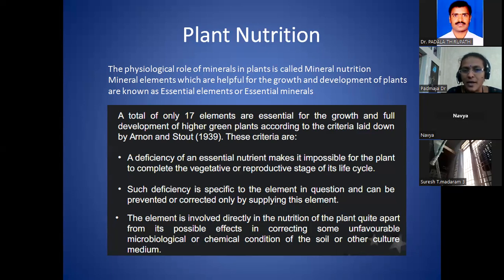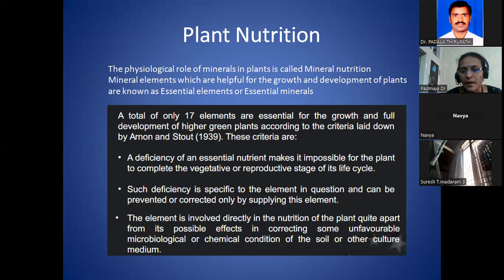These minerals play a very essential role. So they are called essential elements or essential minerals. A total of 17 elements are essential for plant growth. Overall, there are 40 elements. In that, mainly these 17 elements are very essential for plant growth and helpful for the development of green plants.